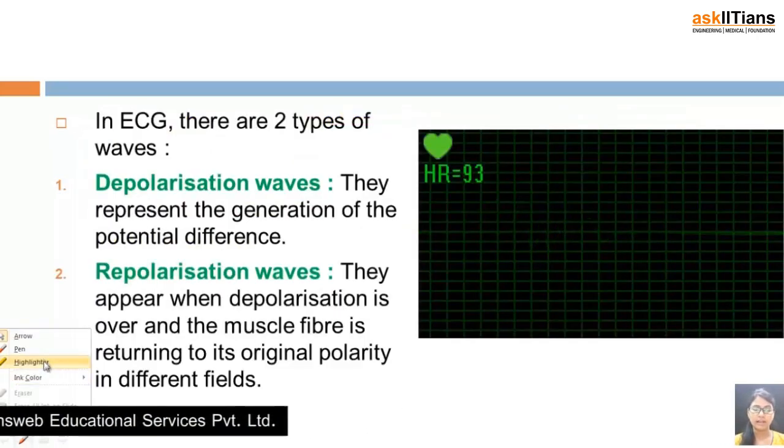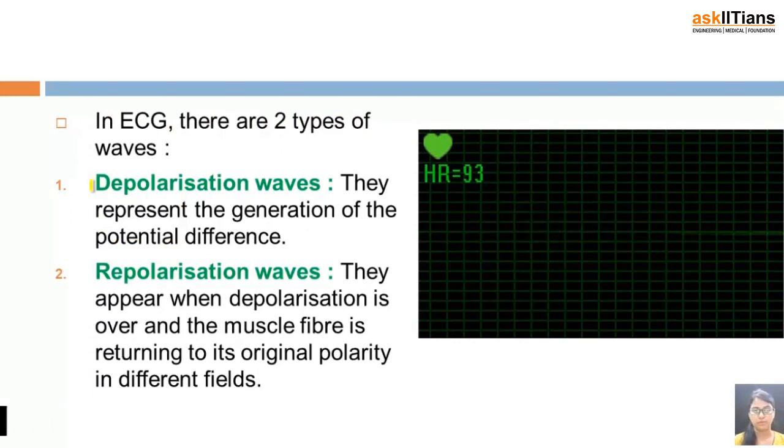In ECG, there are two types of waves. First is the depolarization wave and second is the repolarization wave. The depolarization wave represents the generation of a potential difference, while a repolarization wave appears when depolarization is over and the muscle fiber is returning to its original polarity.